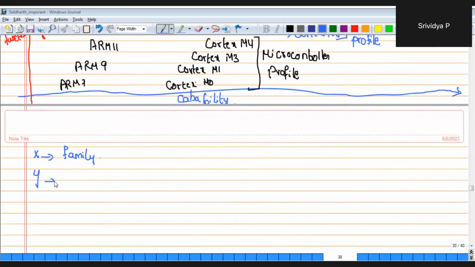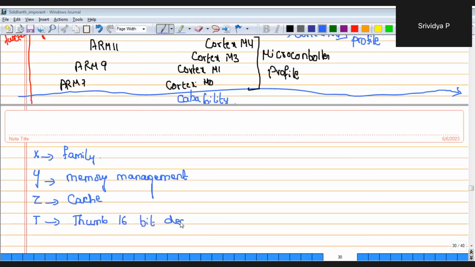Y tells the memory management. Z tells cache memory. T stands for Thumb 16-bit decoder. D stands for JTAG debug.